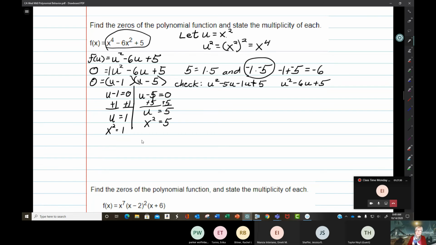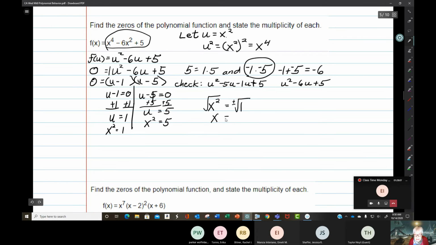Now to solve this, I need to use the square root principle. So here's the square root principle. If I have x squared equals 1, then to get x equals, I need to take the square root of both sides and put a plus or a minus in front of the radical that houses the 1.